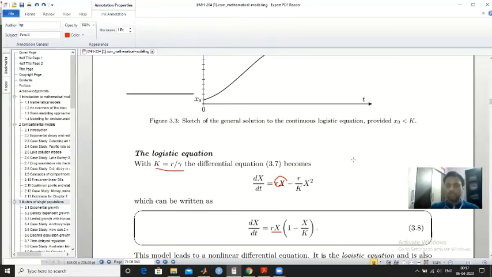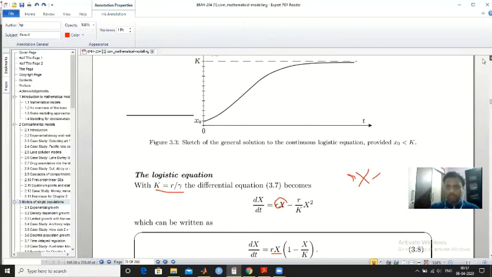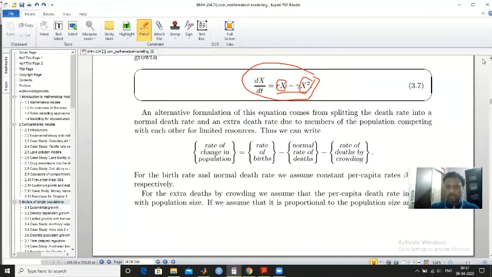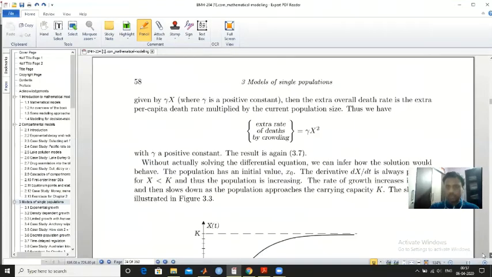So the previous equation was Rx minus gamma x square.